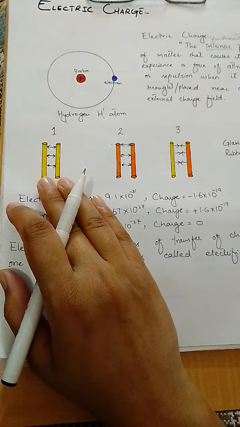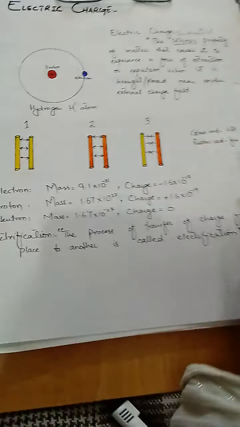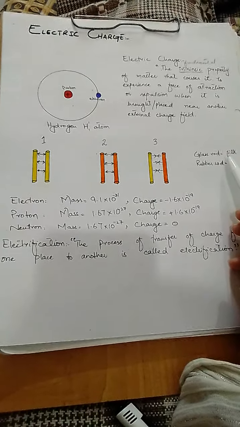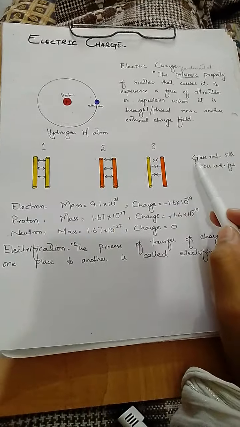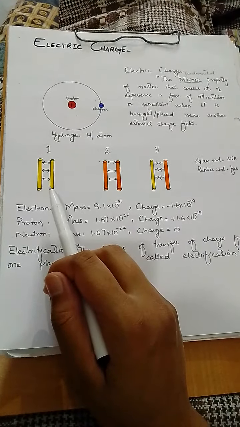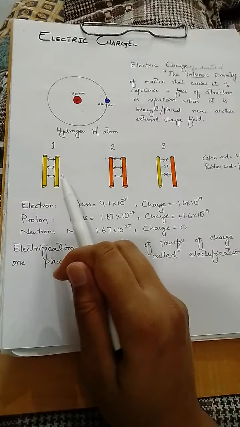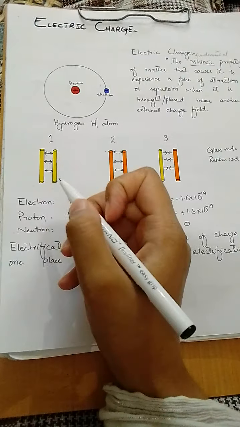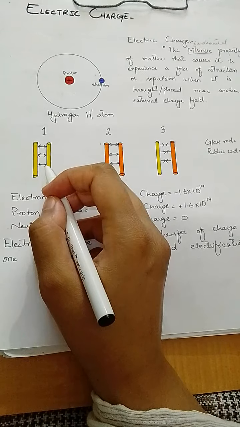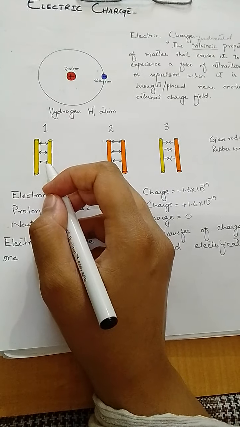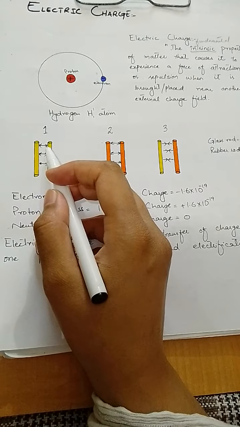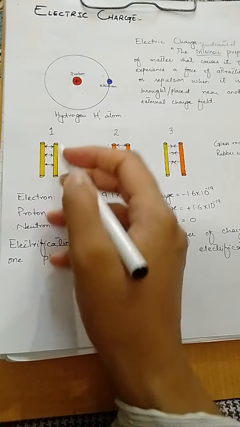If we take two glass rods, rub them with silk, and bring them closer to each other, what would they do? You can actually perform this experiment in your homes. If you bring them closer to one another, they will exert a force upon each other.